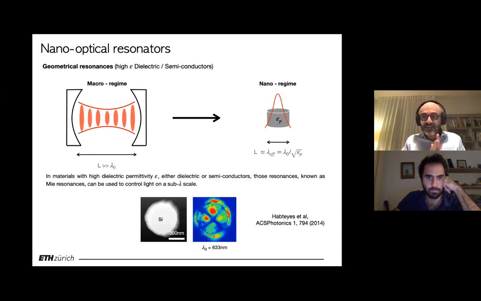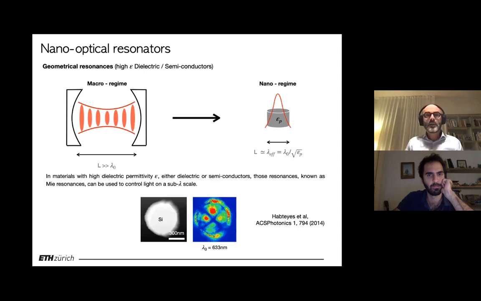Another asset in nano-optics is the possibility to design a variety of nano-optical resonators that are going to be essential in engineering the light-matter interaction on the nanometer scale. If we want an overview of these nano-optical resonators, I would classify them in two families.